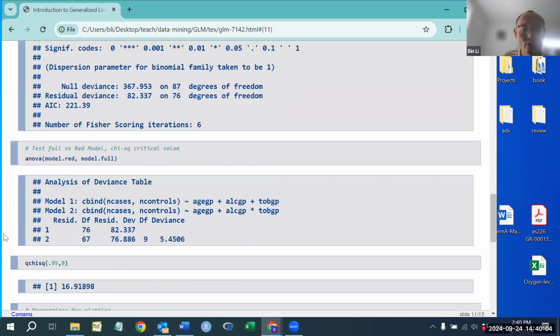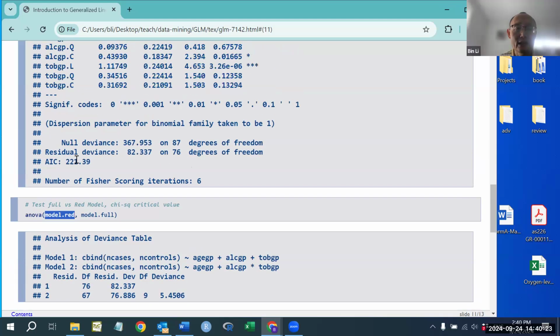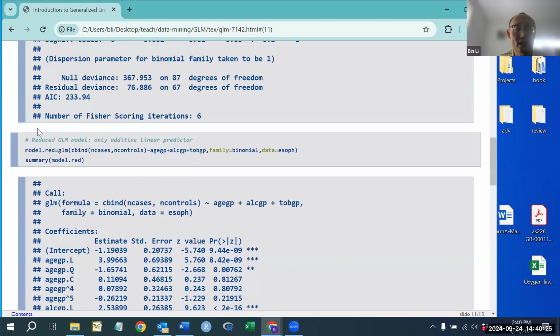Okay, so what we can do is use an ANOVA function, which is doing the likelihood ratio test between two models. Okay, so the first model is the reduced model. That is the one with the additive effect.